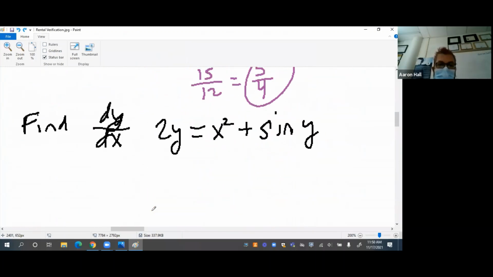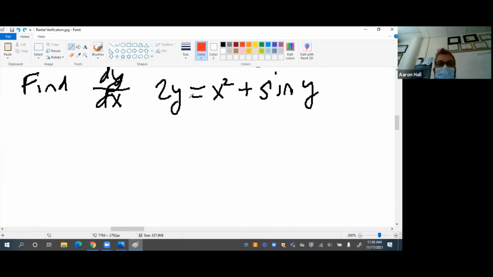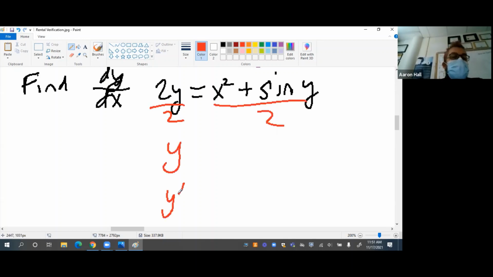So Eileen, we want to find dy dx, which means we want to find the derivative. So what do we do here? Do we have to do the chain rule? Yeah, in fact, if I wanted to solve for y, wouldn't I just divide by 2 on both sides, and then I have y, and then finding the derivative of y is just y prime?